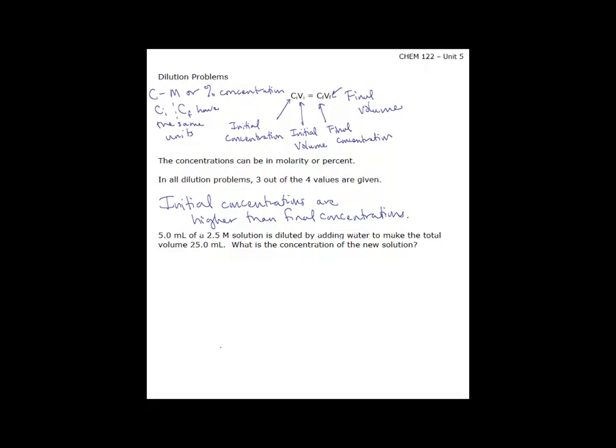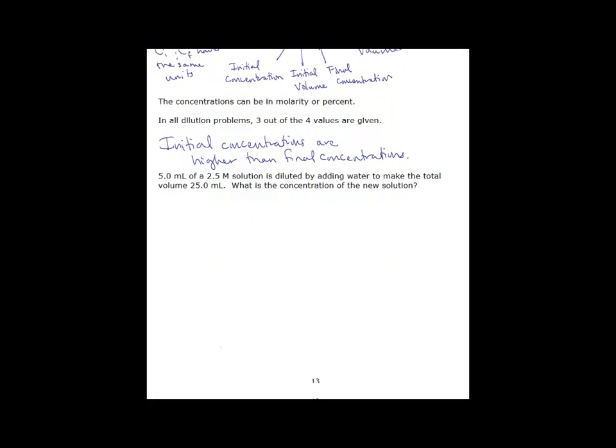Okay, so let's see what a typical dilution problem would look like. So here is an example of one. 5 milliliters of a 2.5 molar solution is diluted by adding water to make the total volume 25 milliliters. What is the concentration of the new solution?